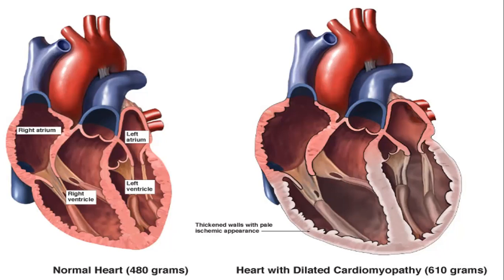Concentric hypertrophy is characterized by thickening of the left ventricular wall and represents a compensatory hypertrophy to the increased load. Dilated hypertrophy is characterized by increased ventricular volume, that is end diastolic volume.